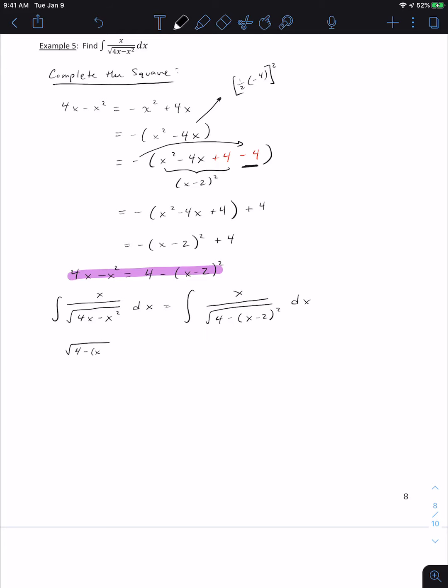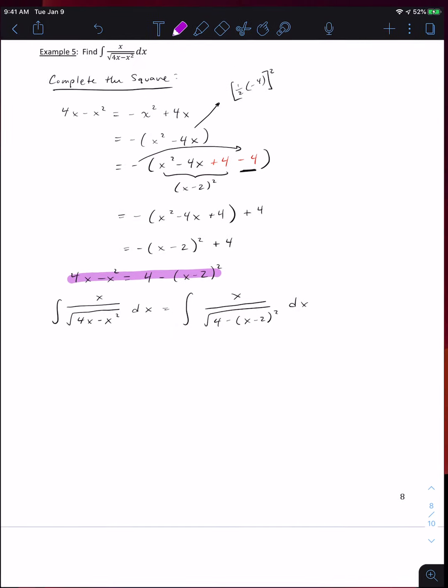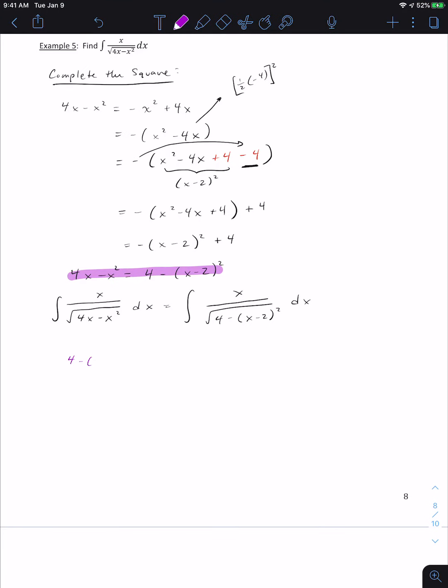4 minus (x minus 2) squared under the square root is equal to a squared minus u squared, right?